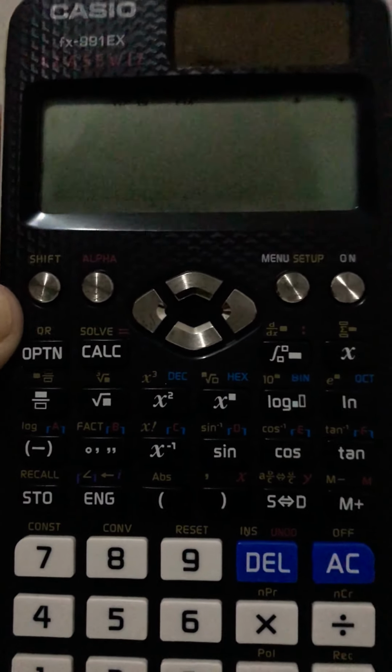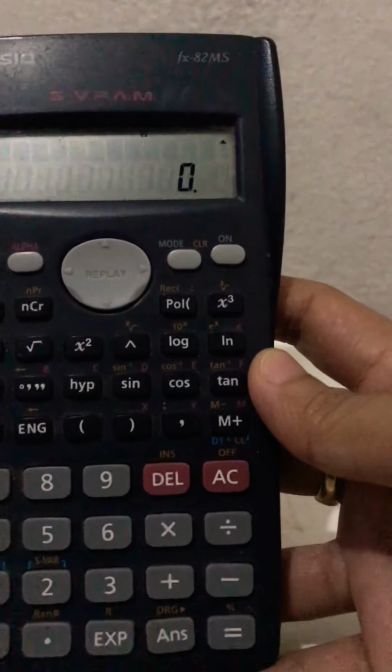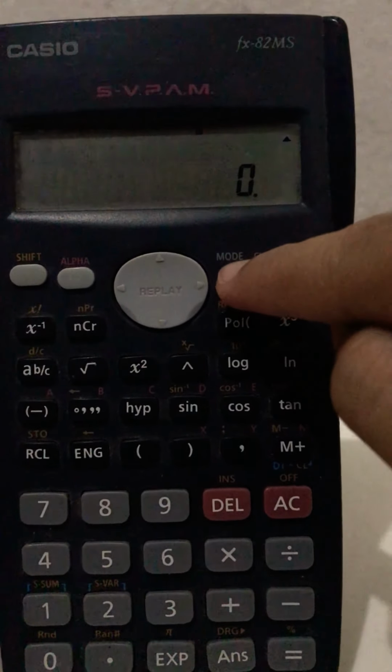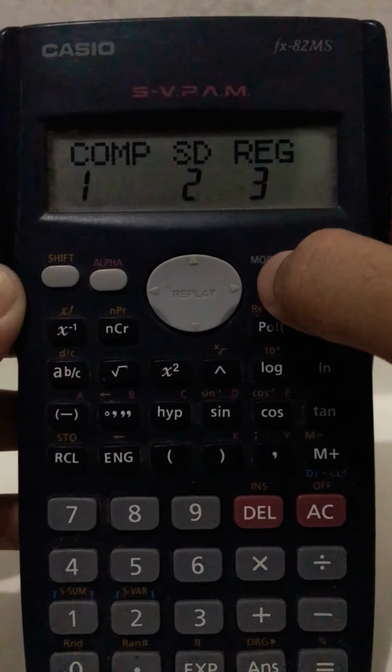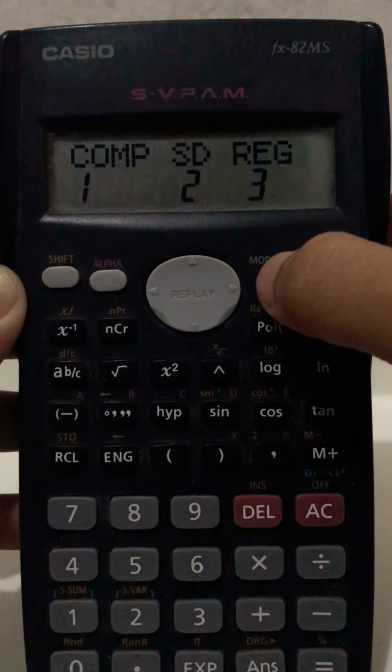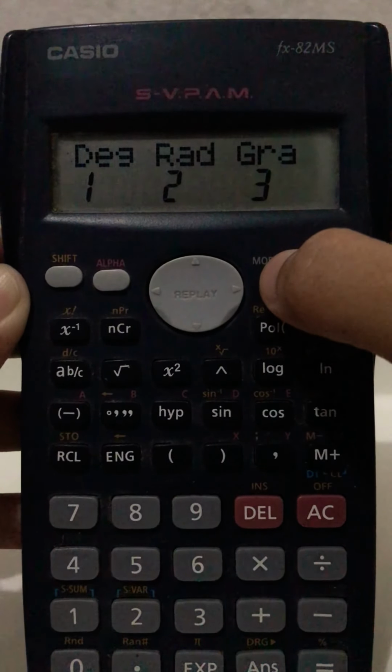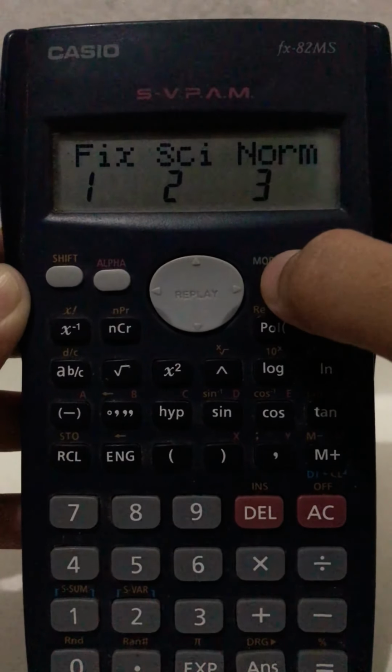So how to have fix on this other calculator? For this type of calculator, you just have to press mode until you find the word fix. That's the first press, second, third.